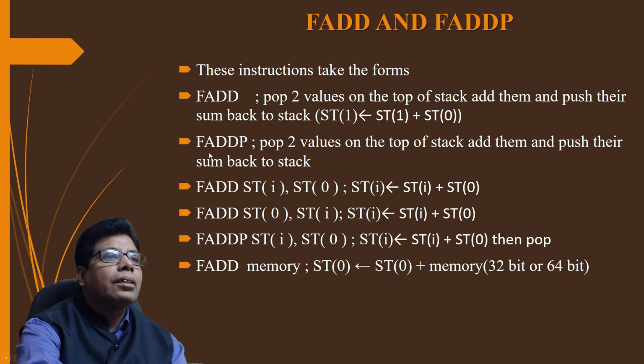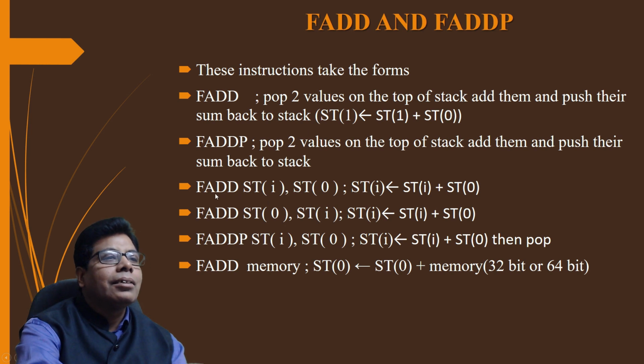Then FADDP: the same operation takes place, only after that it will pop the stack. It pops 2 values off the stack, adds them and pushes their sum back to the stack. So it is the same operation as FADD, only an additional pop operation takes place here.